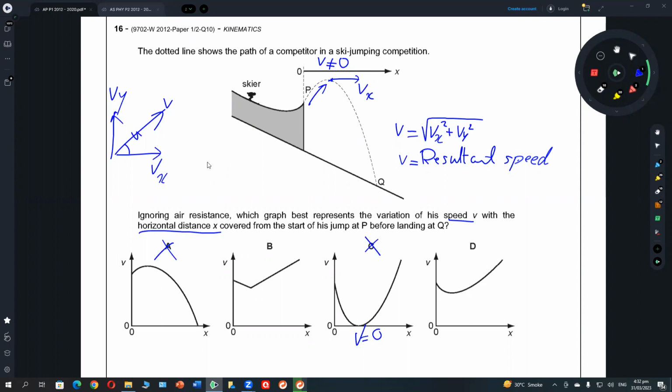You can see the equation. Now, it's a mathematical concept. If something contains squares and a root, will it be a straight line or a curve? It will be a curve. Yes. A straight line is always a linear equation.